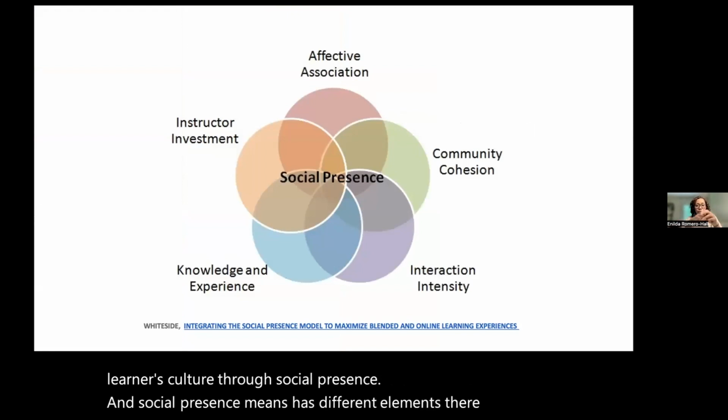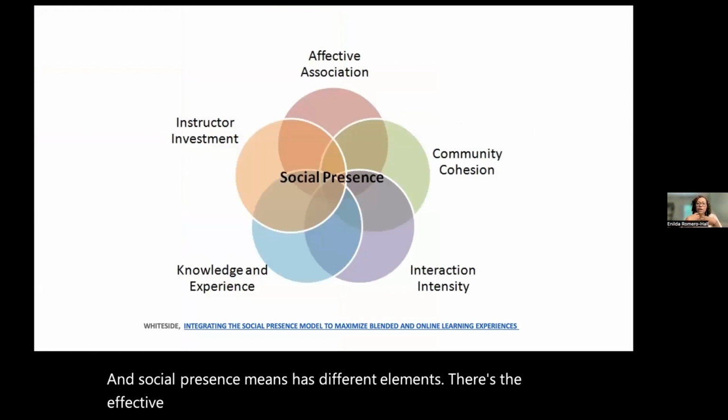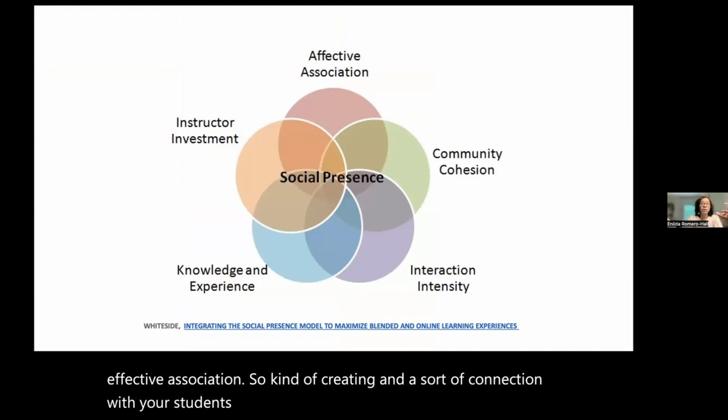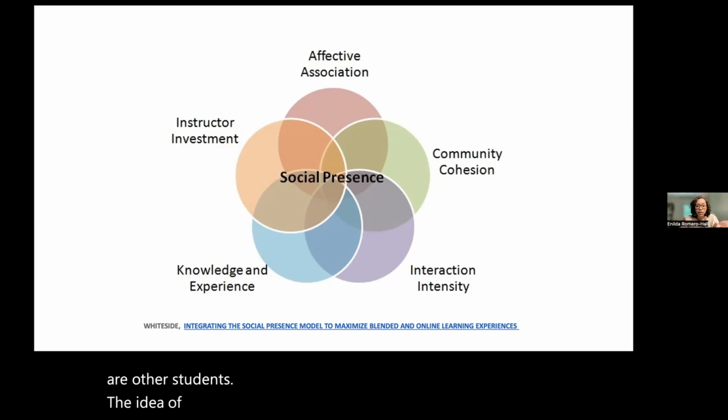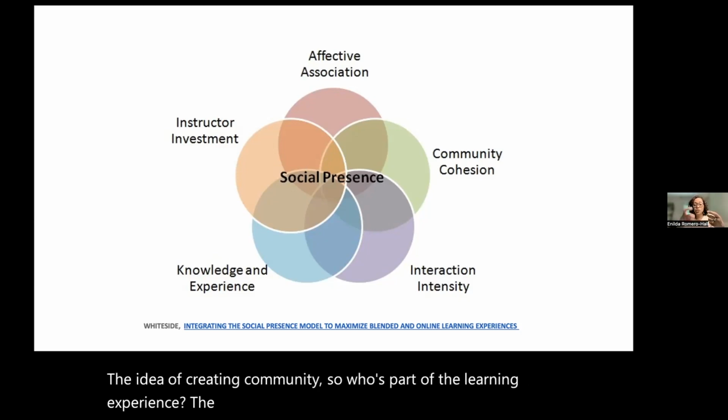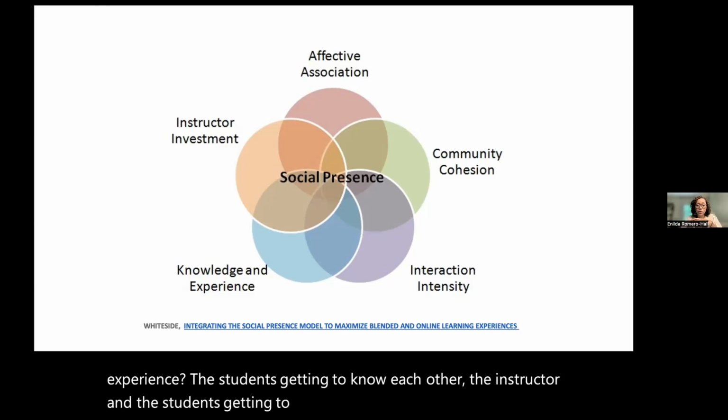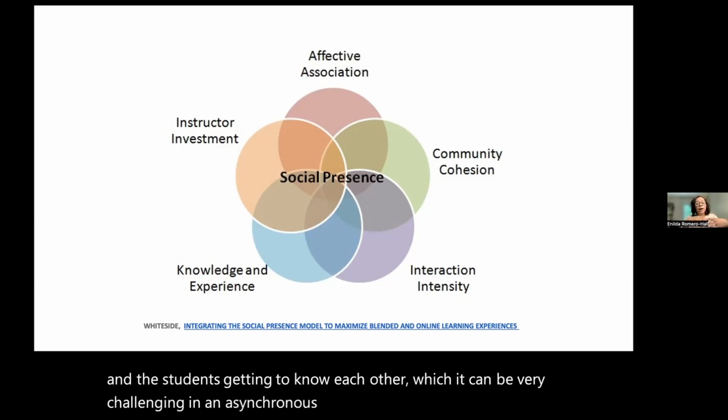There's the affective association, so creating a connection with your students or between the students and their other students. The idea of creating community. So who's part of the learning experience, the students getting to know each other, the instructor and the students getting to know each other, which can be very challenging in an asynchronous format, and also very challenging in a synchronous format.